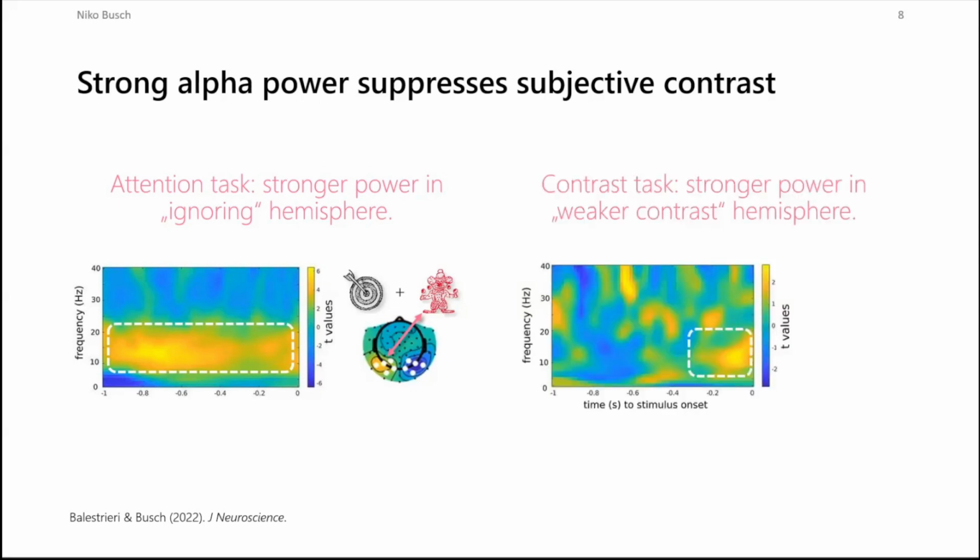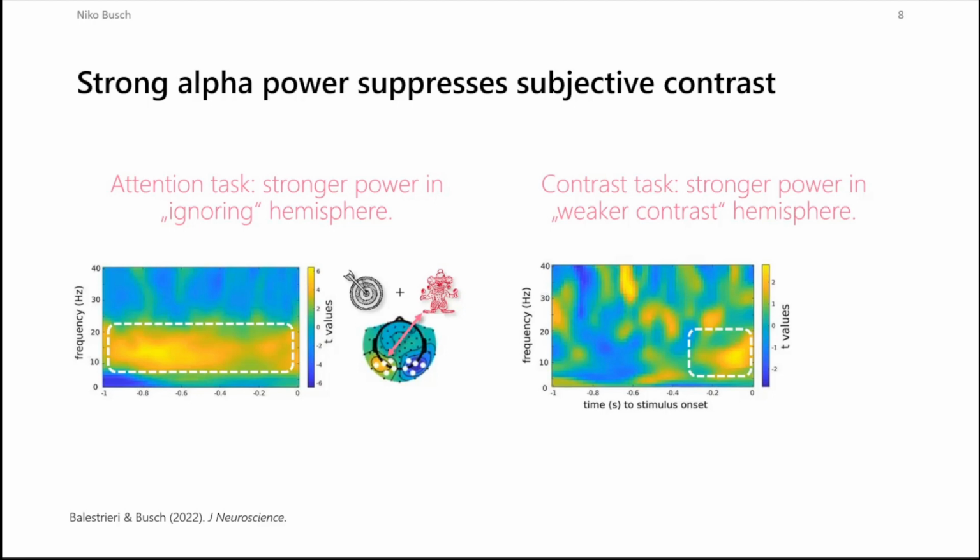So in the discrimination task, we find significant lateralization just before stimulus onset when we compare trials where subjects reported the left stimulus looks stronger versus the right stimulus looked stronger. And there was no cue involved. No direction was more relevant than the other. So this is a spontaneous effect.